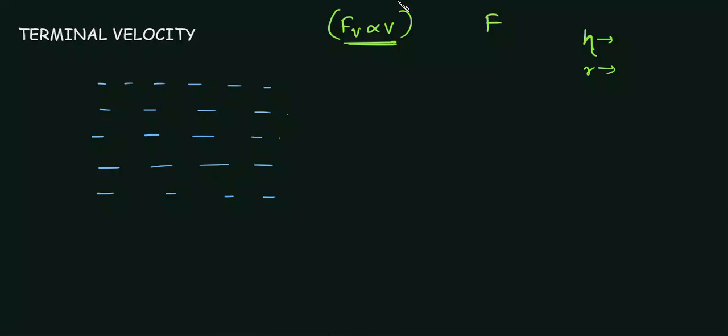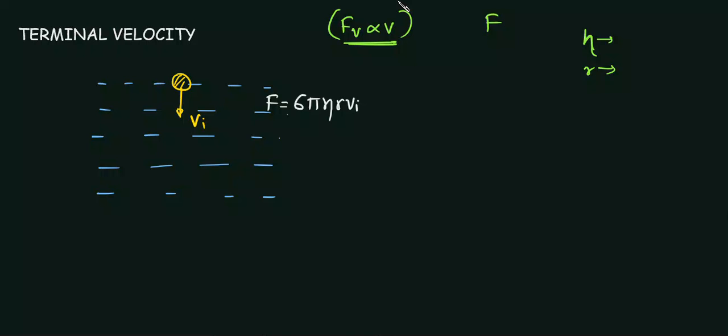Okay, so initially, let's say the velocity was vi, and the velocity vi was very less, and the viscous force initially was 6 pi eta R vi.